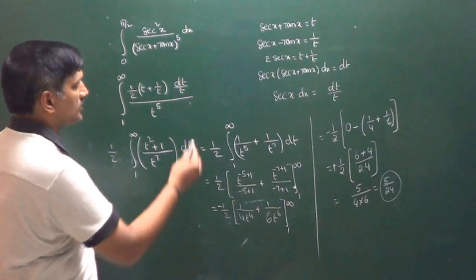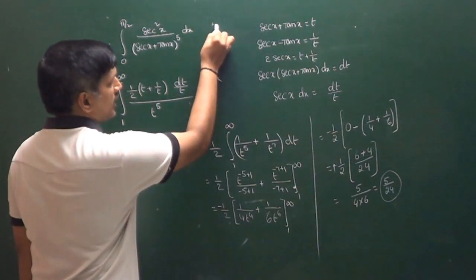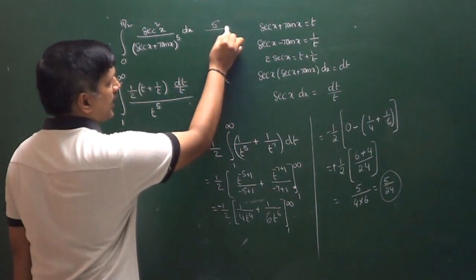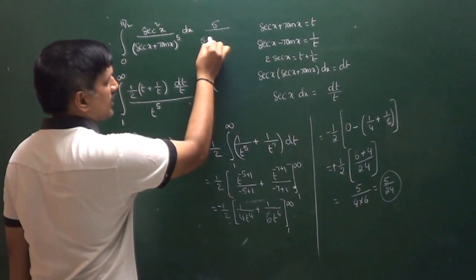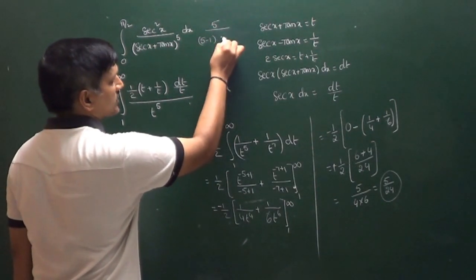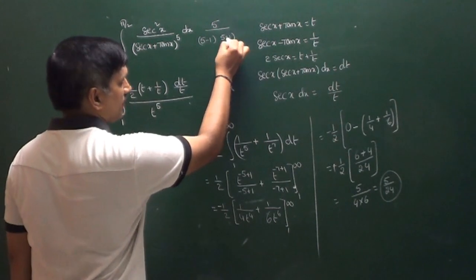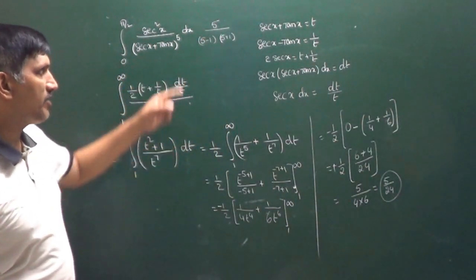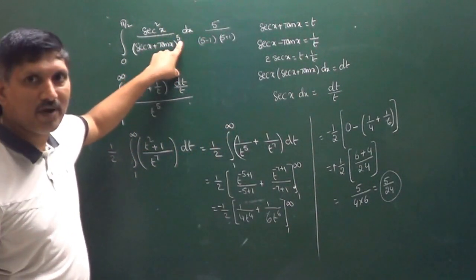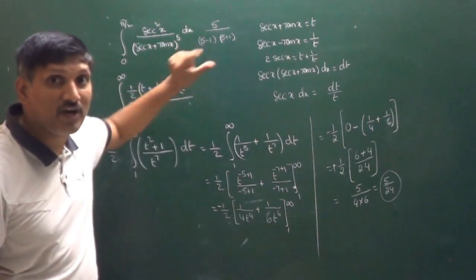Observe here what answer we got. The answer we got is 5 divided by (5 minus 1) into (5 plus 1).